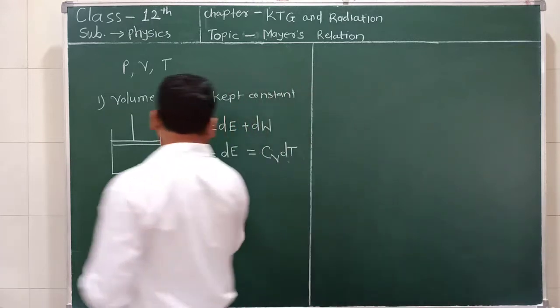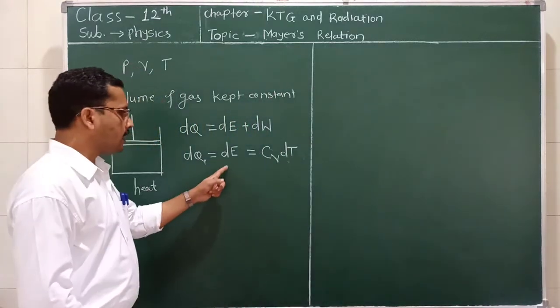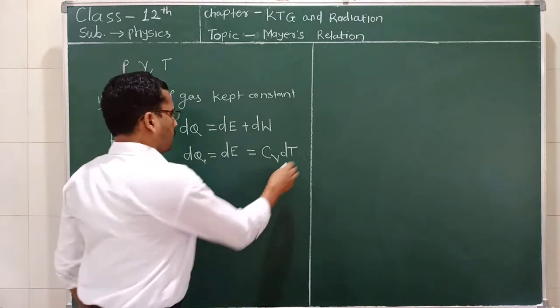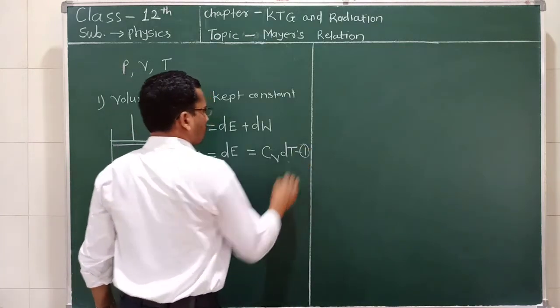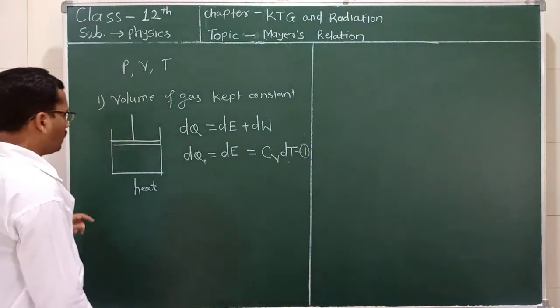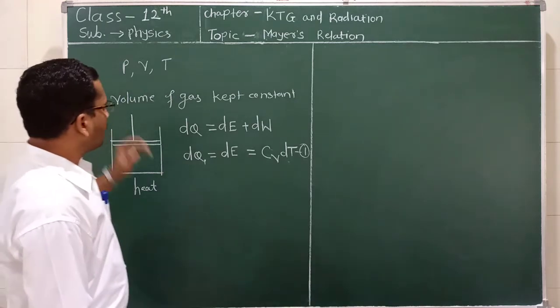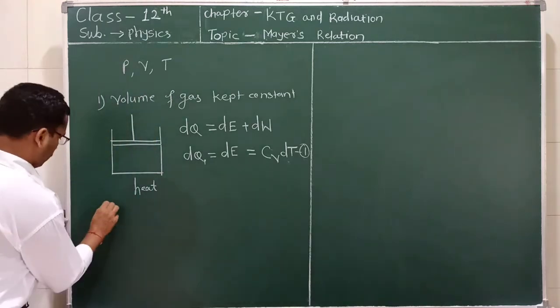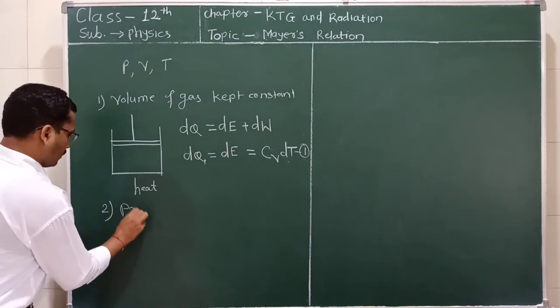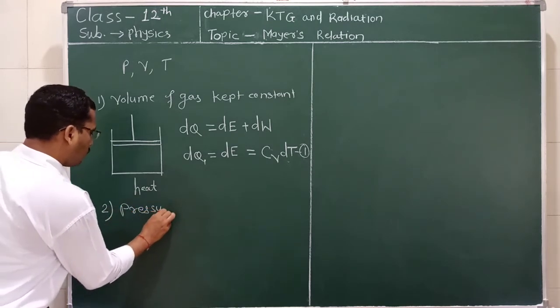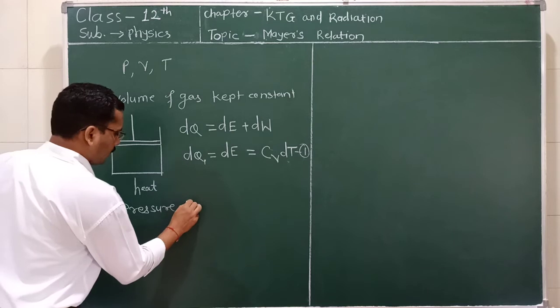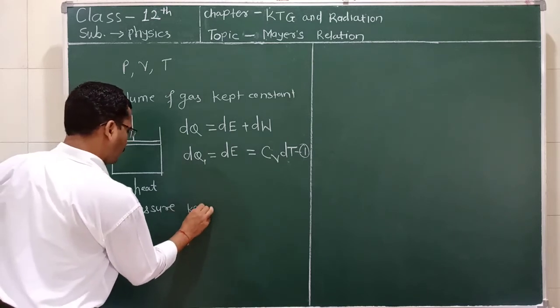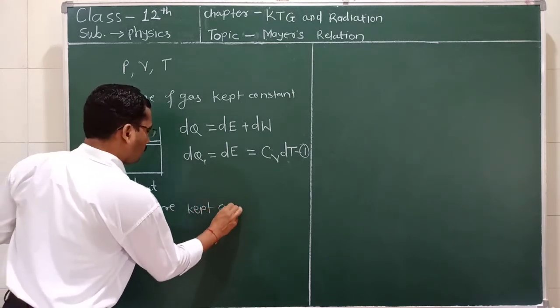So we can write dQ1 is equal to dE is equal to Cv dT. This is the first equation. Now the second condition is that we are going to keep the pressure constant.